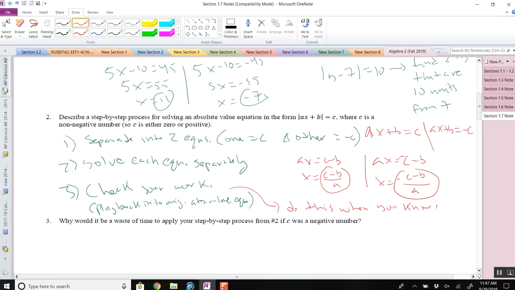Do this when you know what a, b, and c are as numbers. A little bit tricky to do that with the variable expressions there, but you should always check your work.